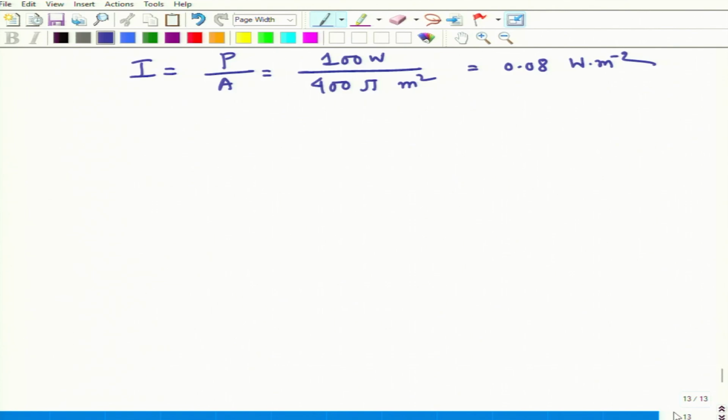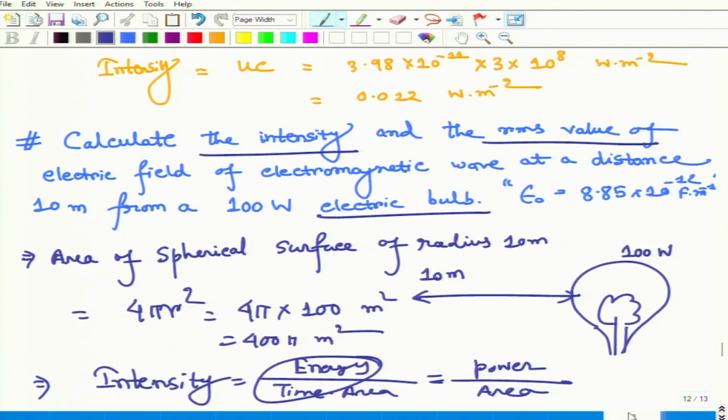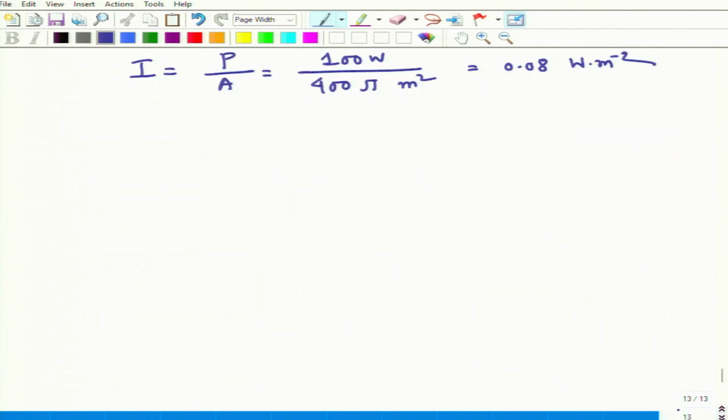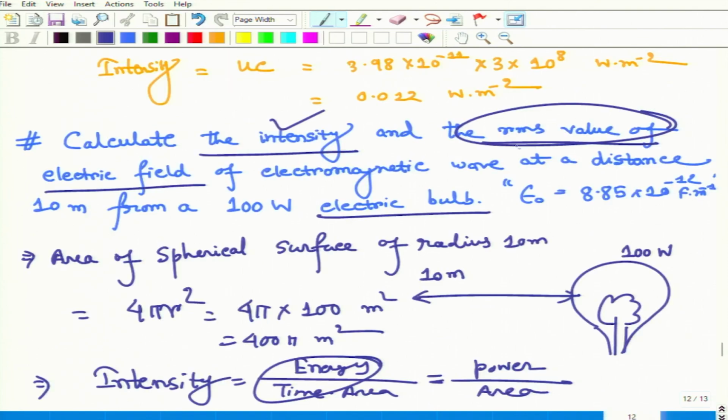This is the intensity. Okay, so now we have to calculate the RMS value of the electric field. That means we have to evaluate the electric field RMS. These terms are given to make us confused.